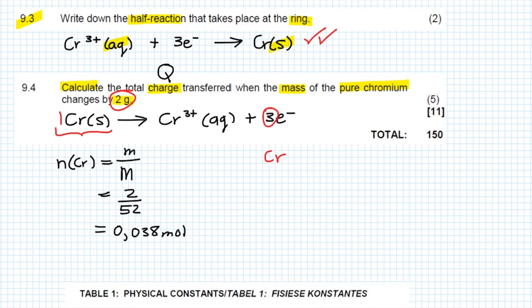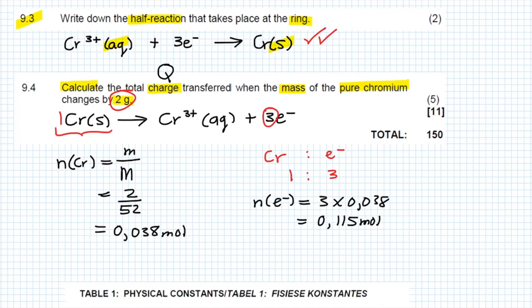The ratio of chromium to electrons, as mentioned previously, is 1 to 3. So to determine the number of electrons, we are going to say 3 times 0.038, and this gives us that the number of moles of electrons is 0.115 mole.